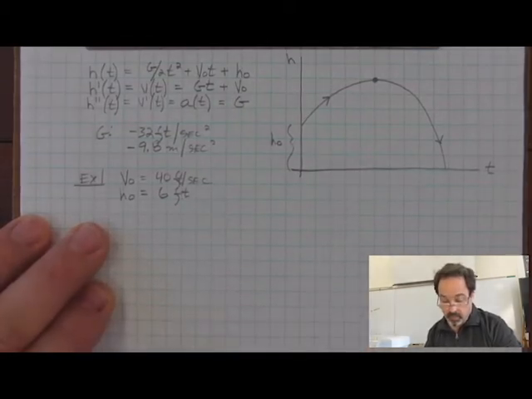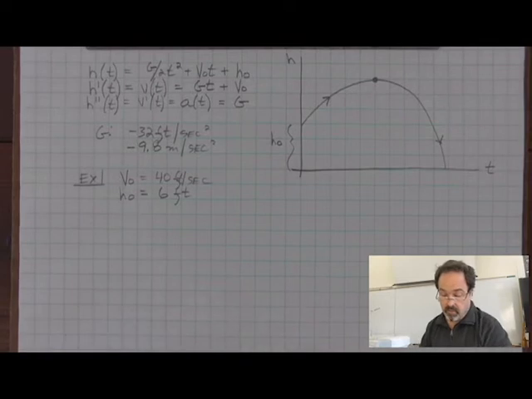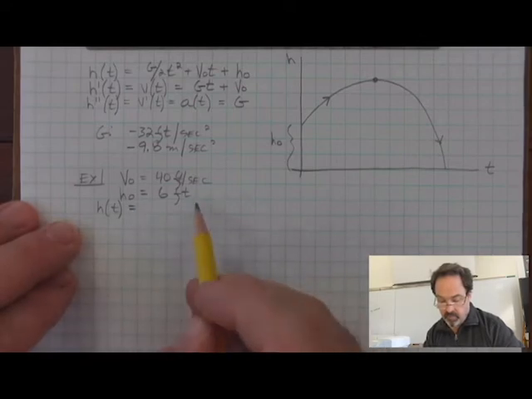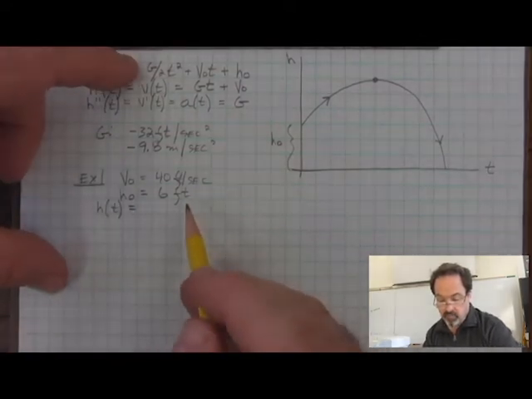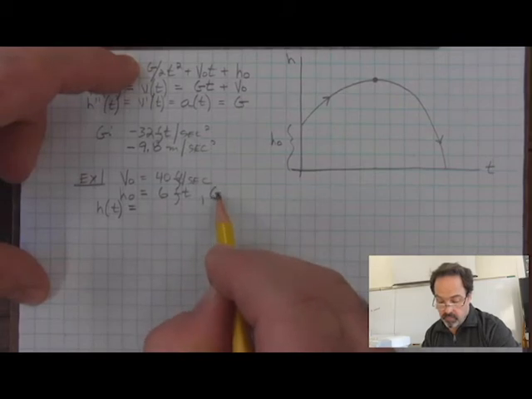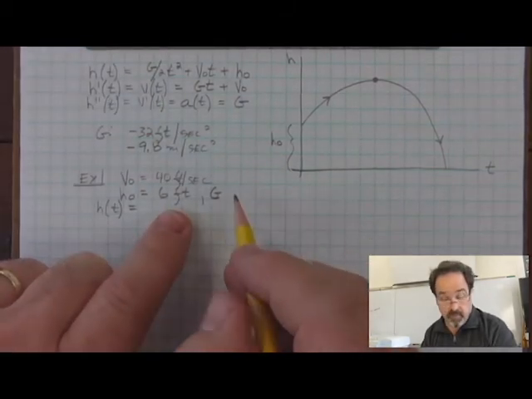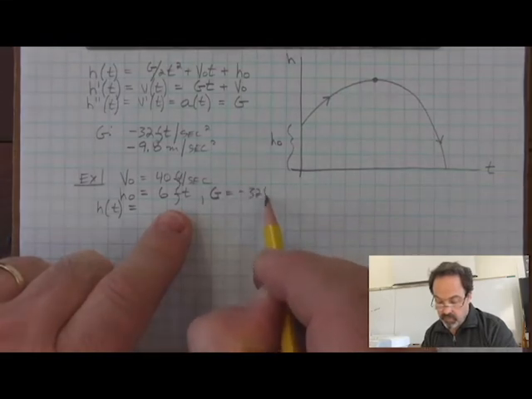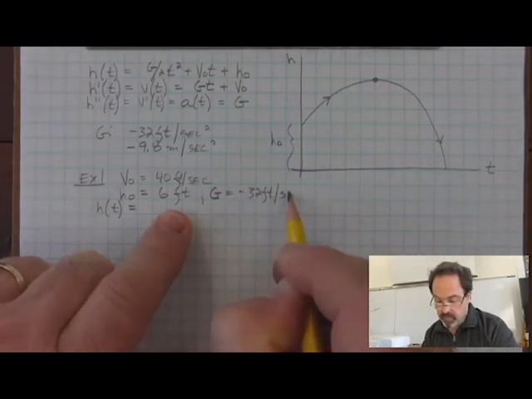We could calculate the time at which the ball reached its maximum height. So we have a height equation in this situation, which is going to be g over 2, but the value of g that we're using here has got to be the one that matches the units given in the problem so far. So g is going to be negative 32 feet per second per second.